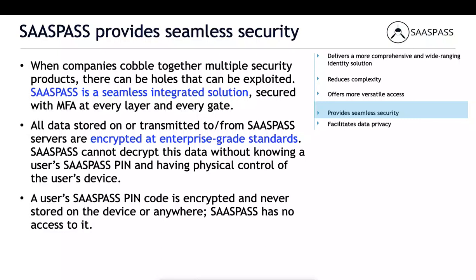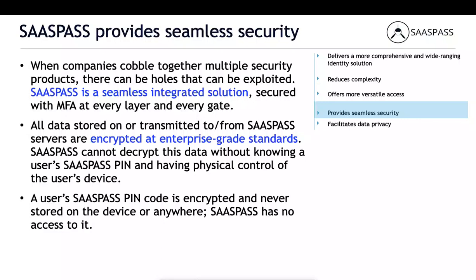SAASPASS has an innovative way of using the PIN. When the end user downloads and installs the SAASPASS mobile application and identifies a PIN, SAASPASS is not storing that PIN anywhere, neither in the mobile device itself, nor in the SAASPASS server.